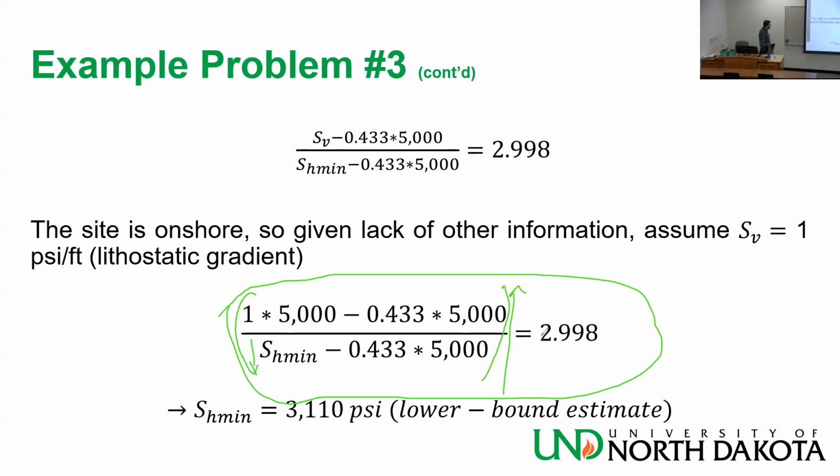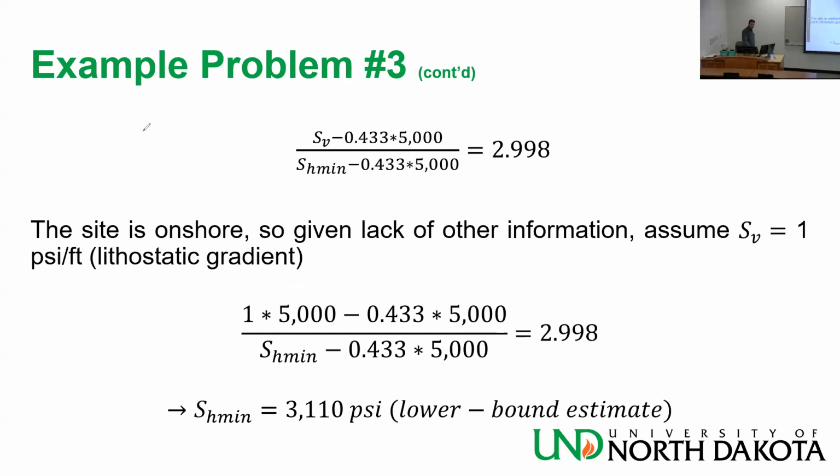So this SHmin that I calculated using that equation is the lowest possible SHmin at which my stress state remains stable. That's why I say lower bound. 3,109.9 psi would make this equation give me instability to shear failure. Of course, it's going to be a small instability. I don't think 0.1 psi will make a difference.